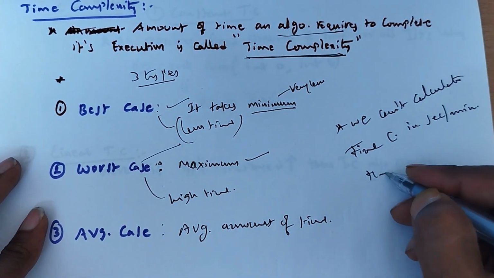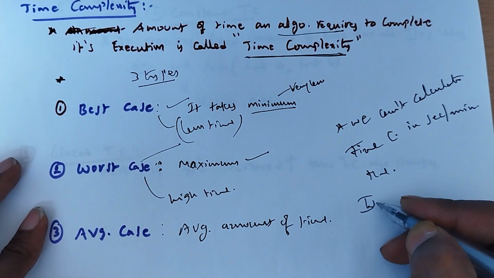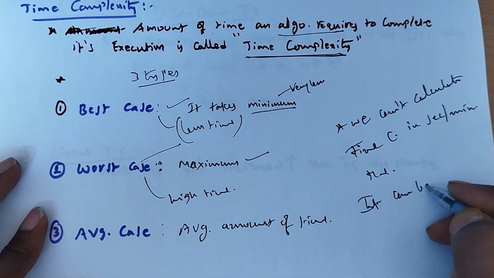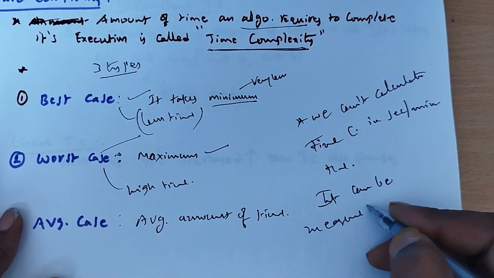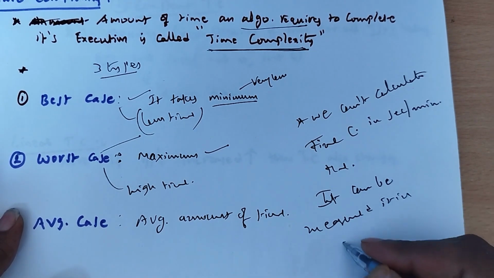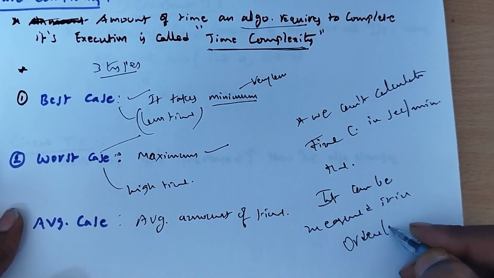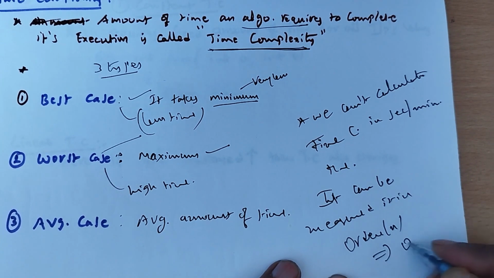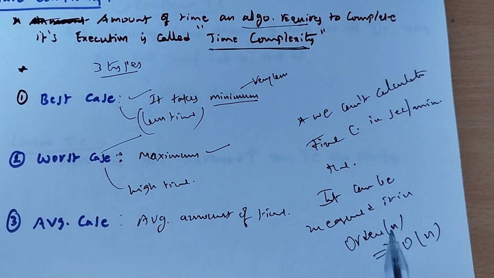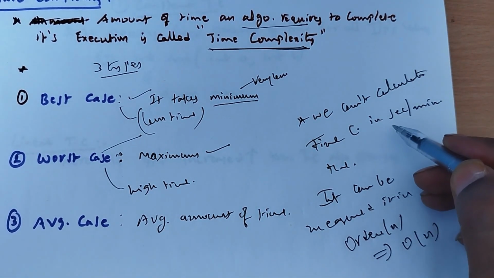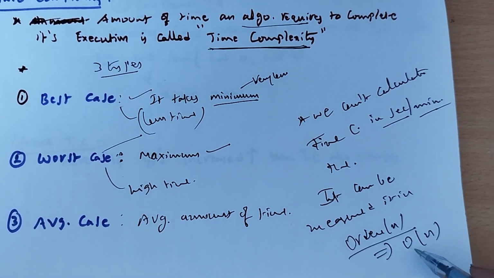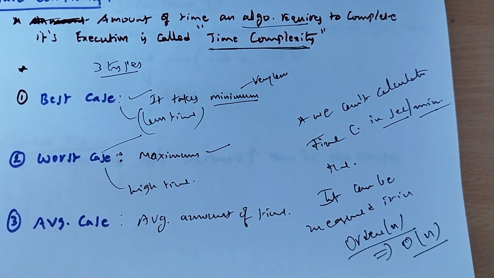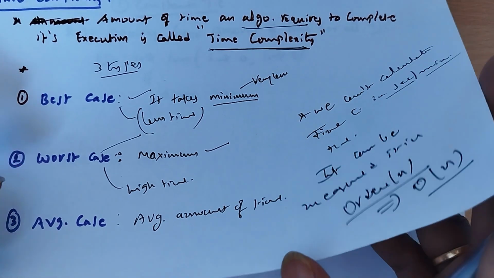Then how do we write it? It can be measured in order of n. That means you can write O of n. The time complexity can't be calculated in seconds or minutes; you calculate it as order of n, written O(n).